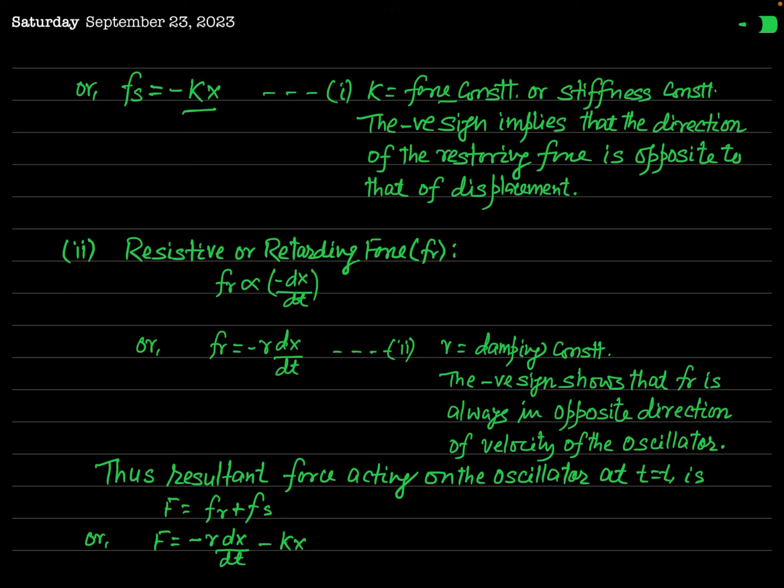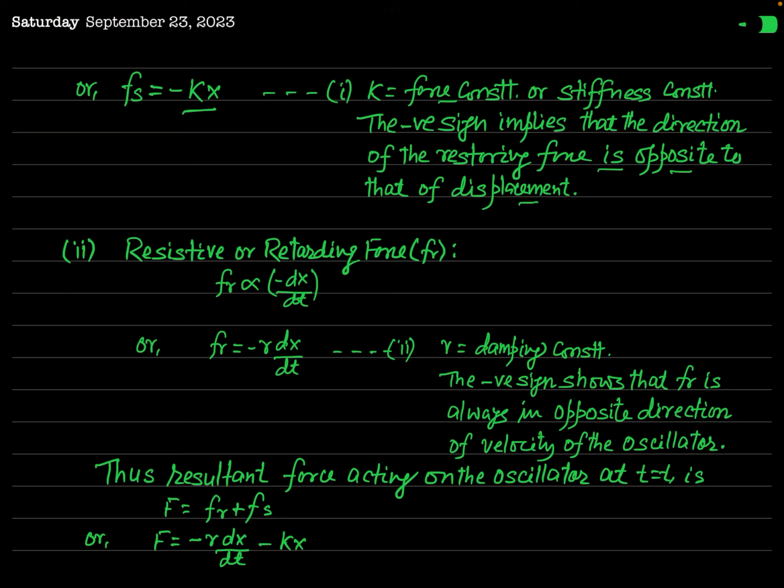And as I have told you, this negative sign implies that the direction of the restoring force is opposite to that of the displacement. And that's why we put here a minus sign. So this is the restoring force acting on our oscillator when its displacement is x.